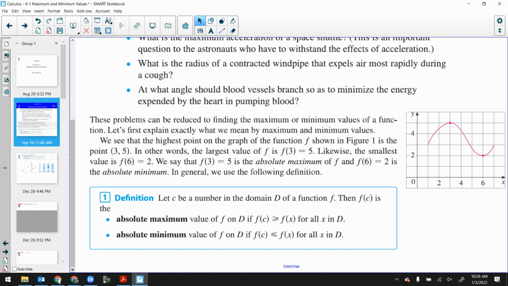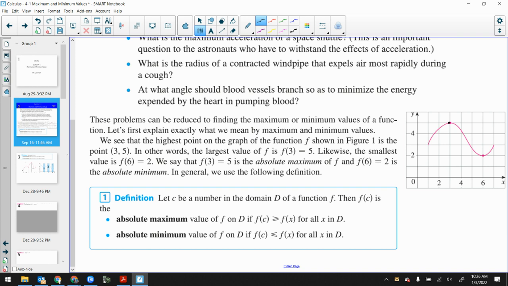Okay? Like, for example, here. You see this point right here, 3, 5. We would say that the absolute maximum value of that function is 5.